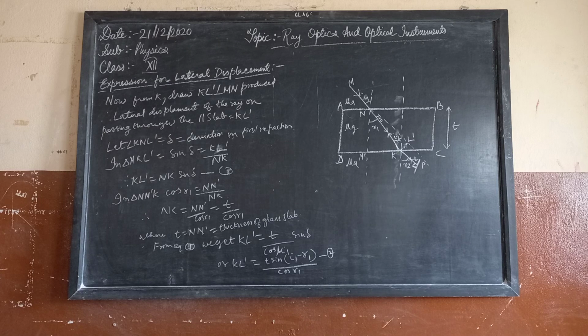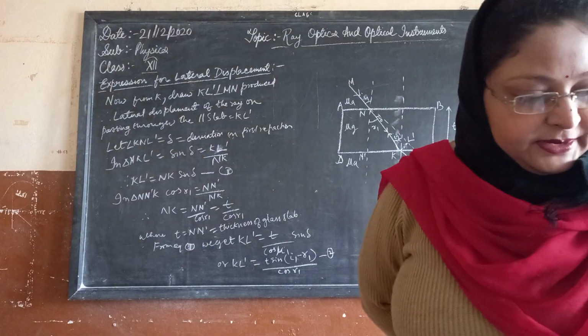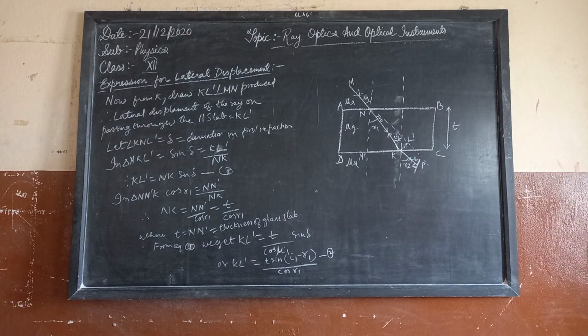From equation number 1 we will get KL' is equal to T upon cos r1 sin D, or KL' is equal to T sin (i1 minus r1) upon cos r1, which is the second equation. Thus we will be able to get the required expression for the lateral displacement, or the shift, which is obviously proportional to the thickness of the glass slab.